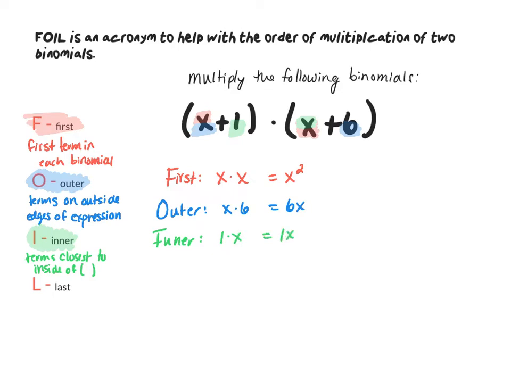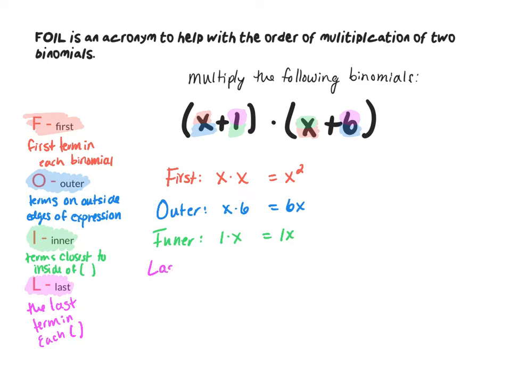And then finally, the last letter, which is L, happens to stand for last, meaning we take the last terms in each parenthesis. So in binomial number 1, the last term is this 1, and in binomial number 2, the last term is this 6.